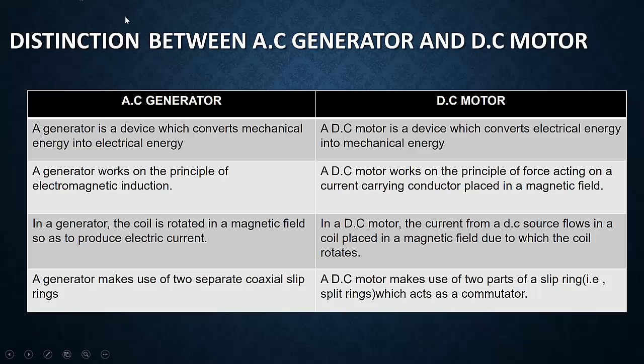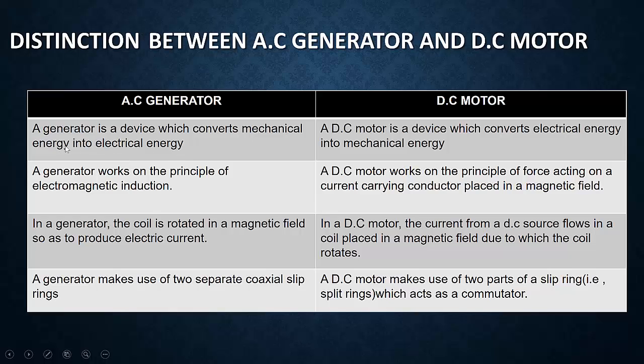Let's see now the distinction between an AC generator and a DC motor. Earlier I made a video on the working of a DC motor, and today I have explained the AC generator. So now let's see the difference between them. A generator is a device which converts mechanical energy into electrical energy.